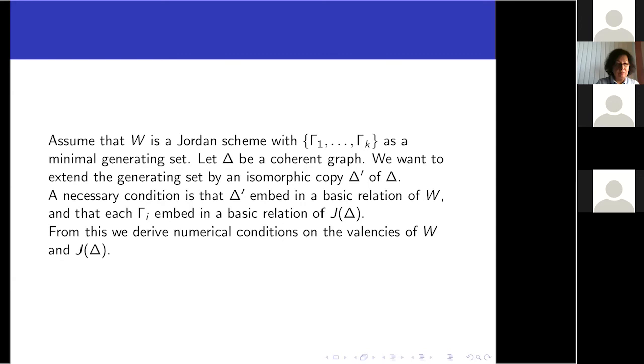And for that, we need to basically enumerate ways of fitting this new graph in there. And this comes down to an enumeration of double cosets of the two respective automorphism groups.